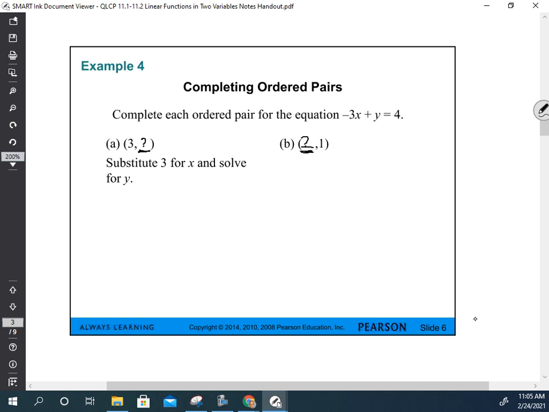So that means plug in the number that you know and solve for the one that you don't. So it does help to know what letter is which. So it's always x, comma, y. Why? Because x comes before y in the alphabet. That's why.